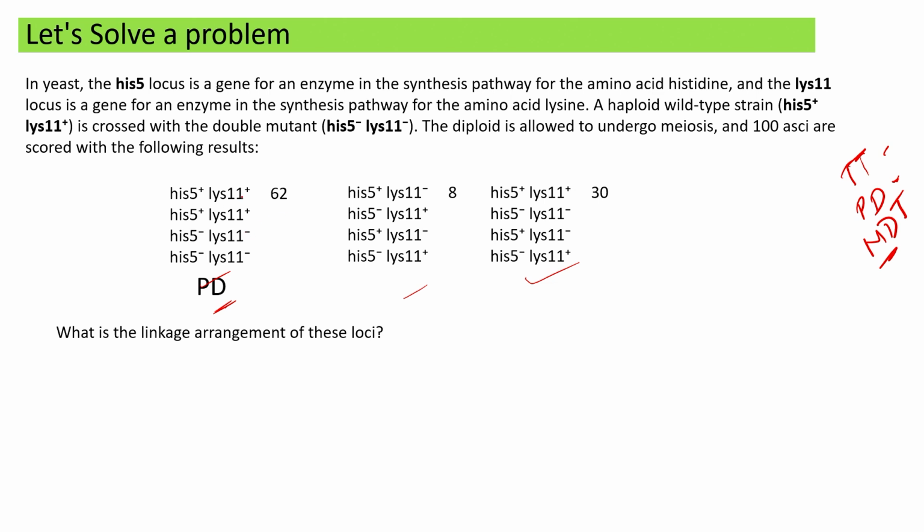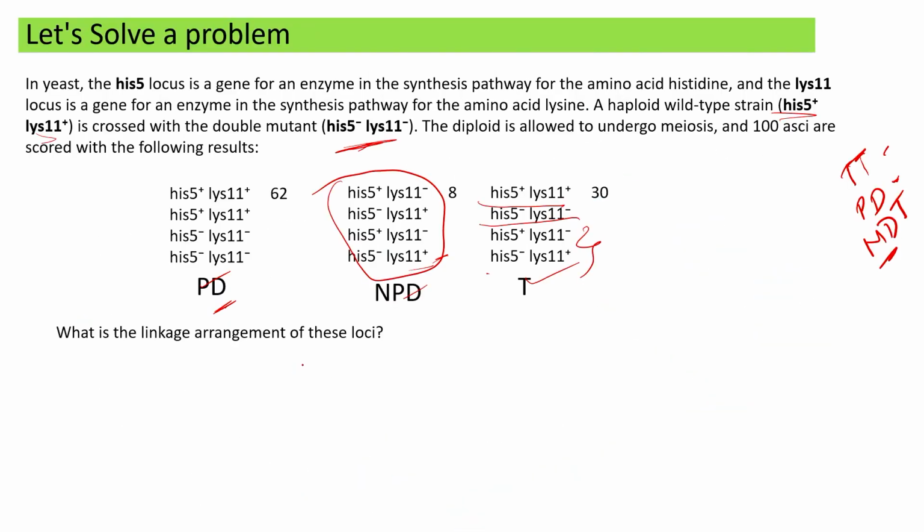Because these 2 are exactly the combination present in the parents. And this is non-parental ditype. See, there is none, all are recombinants here. No one is parental type combination. And these ones are tetrad type because you have a parental type here, you have a parental type here, and these 2 are recombinant type.